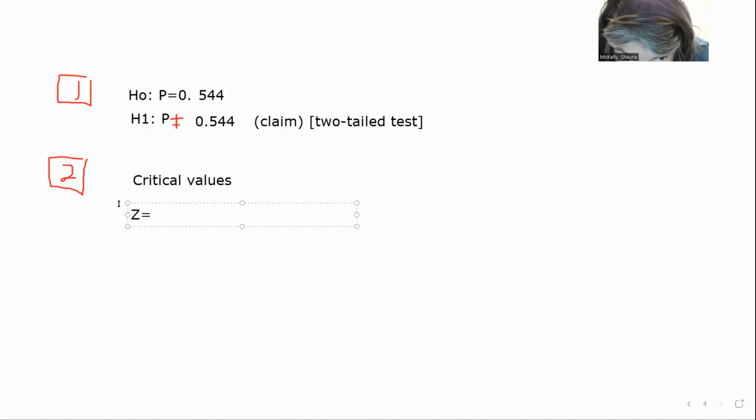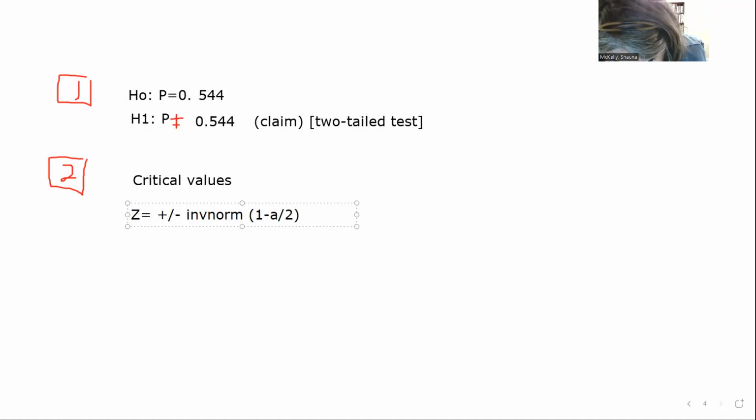So z is equal to plus or minus the inverse norm. And the way that you get the right side, you do 1 minus alpha divided by 2.